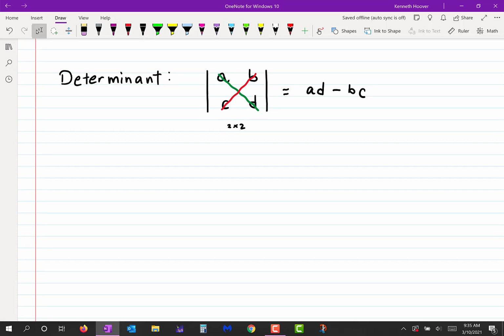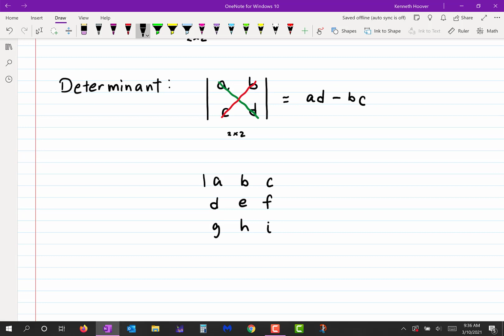So I'm going to write ABC, DEF, GHI. That I is not the square root of -1, it's just a variable I. Okay? So the determinant of that, I'm going to show you a couple of ways of doing it.